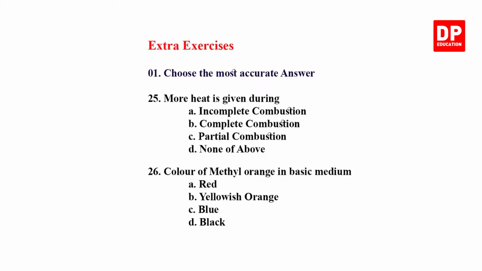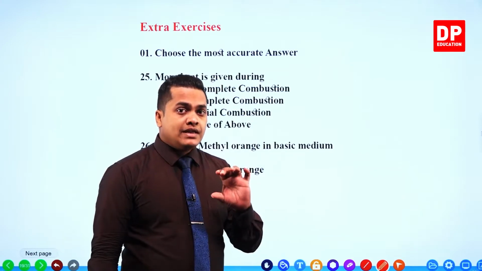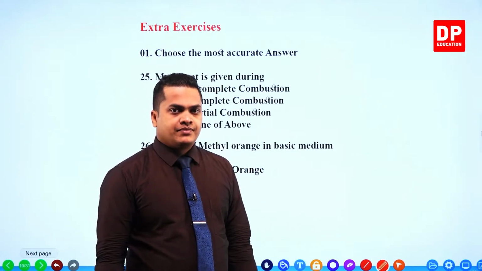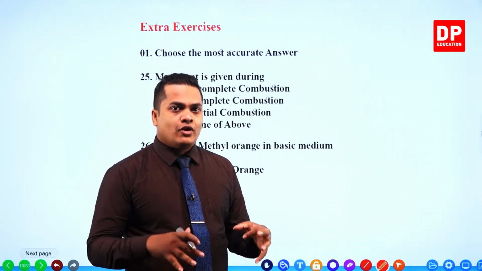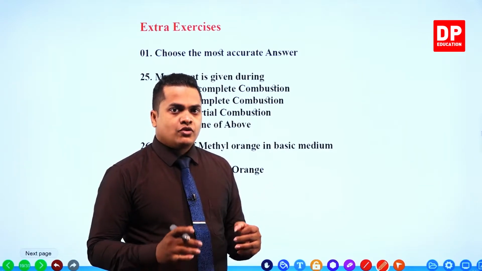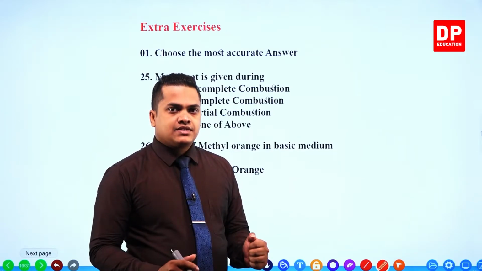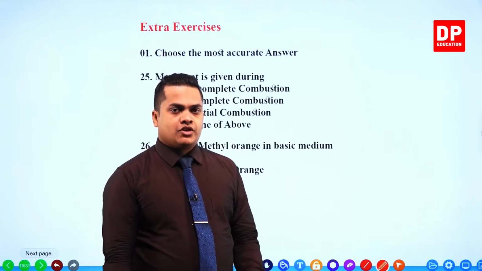More heat is given during... So more heat is produced during a complete combustion of a substance when there is plenty or an adequate amount of oxygen. When there is an adequate amount of oxygen present in the environment, substances are going to undergo complete combustion.